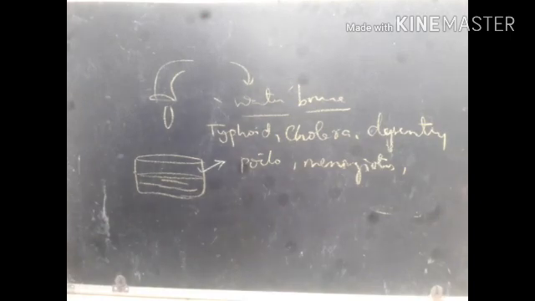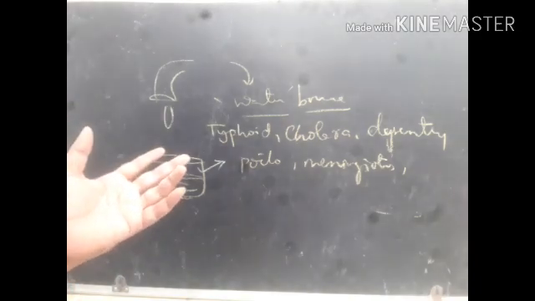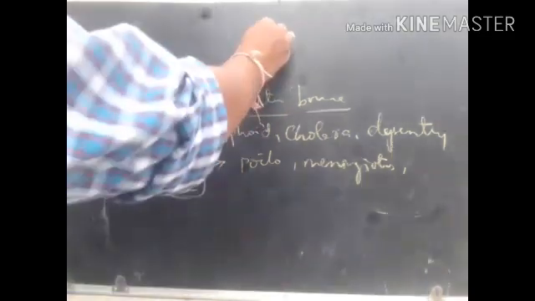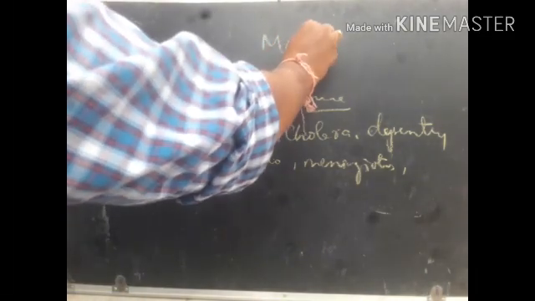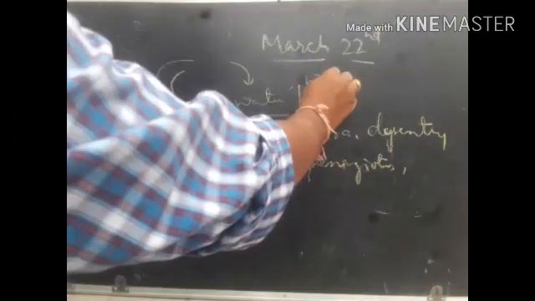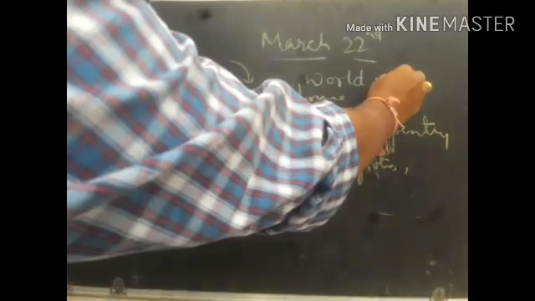Drinking hot water is a good habit, and nowadays water is very scarce, and for drinking also the water is not available, so the United Nations General Assembly decided that March 22nd is celebrated as World Water Day.